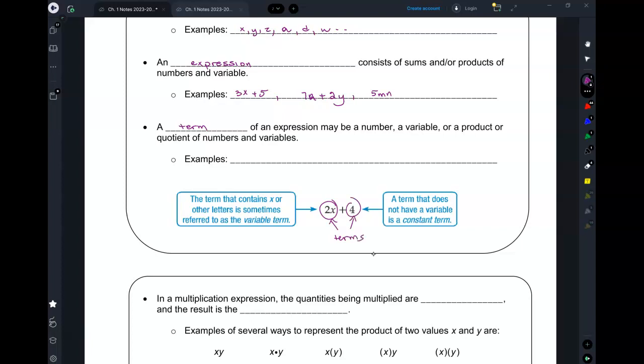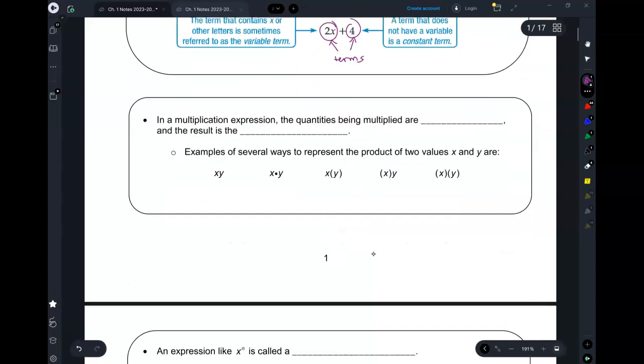They are separated by a plus or a minus. All right. So now look. This term has a variable. It's a variable term. This term doesn't have a variable. It's a constant term. Okay?